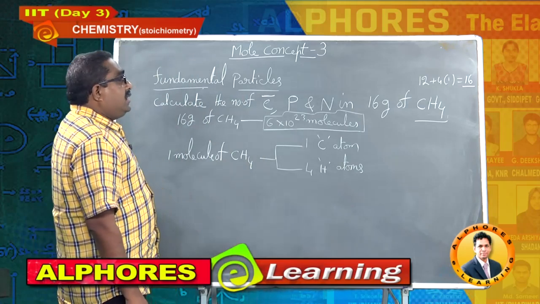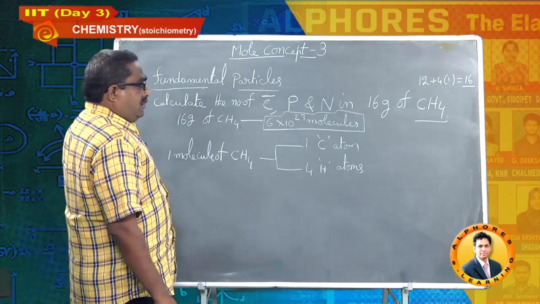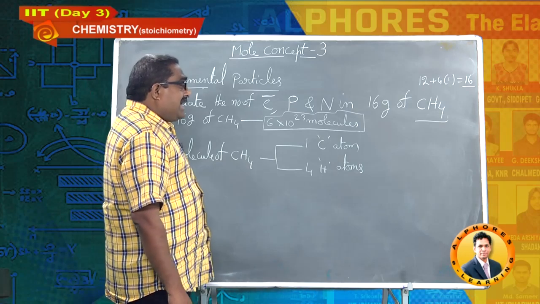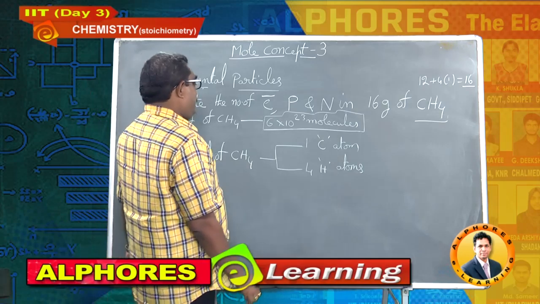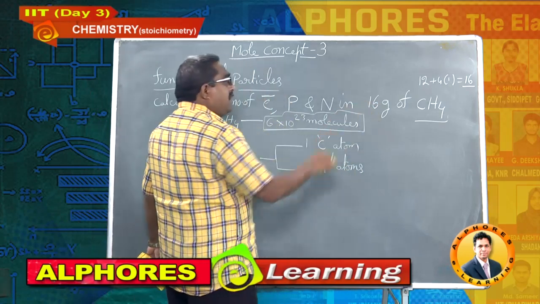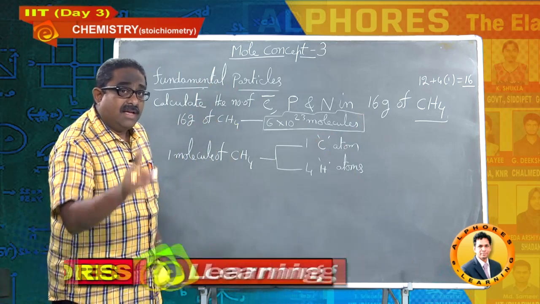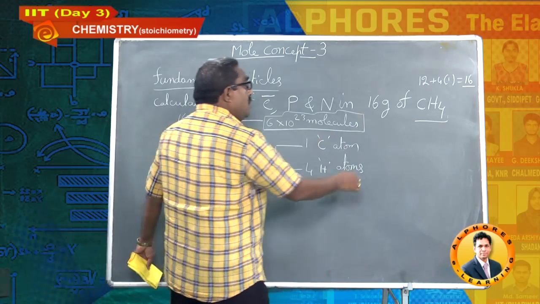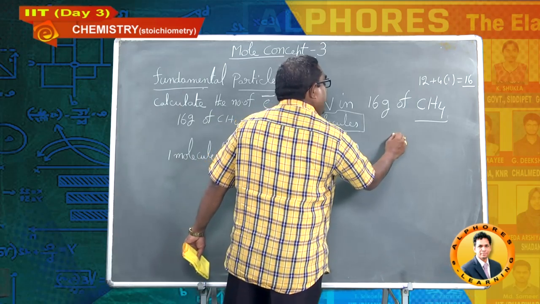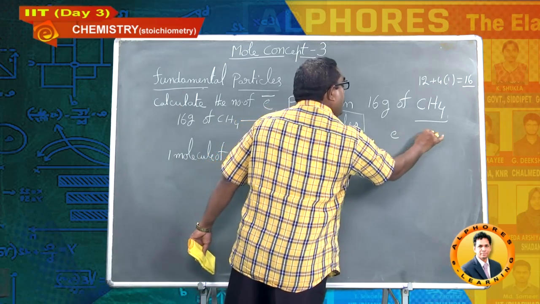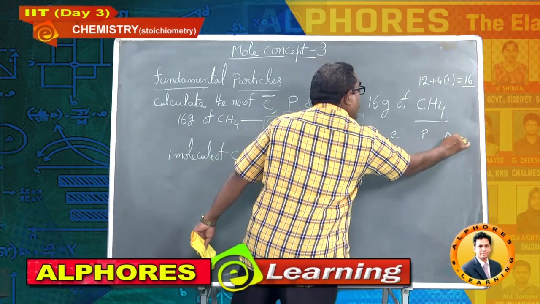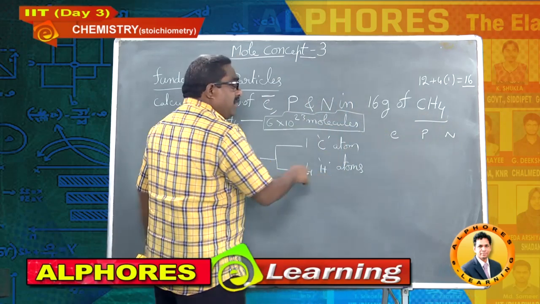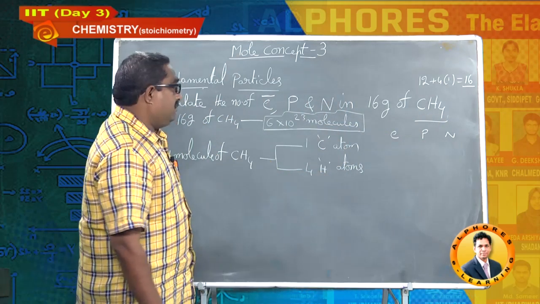We know, one carbon atom, the atomic number of carbon is 6. So, I am going to write here electrons, protons, neutrons in both carbon and hydrogen atoms respectively.